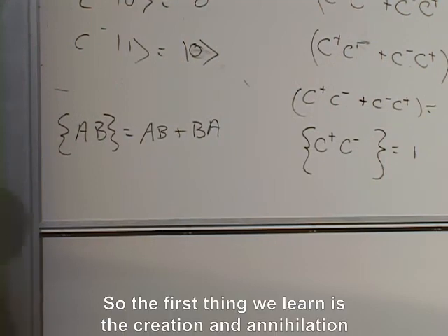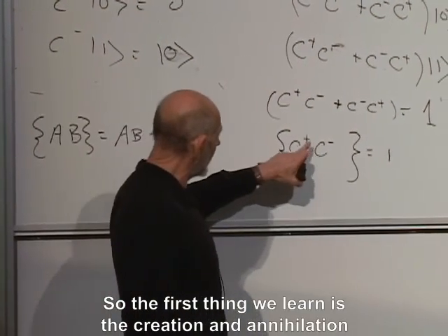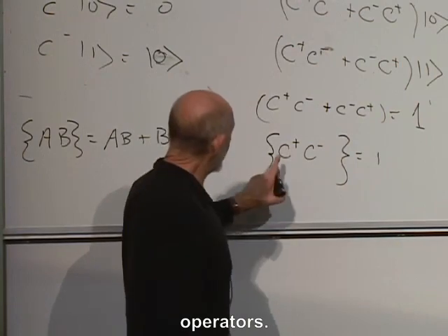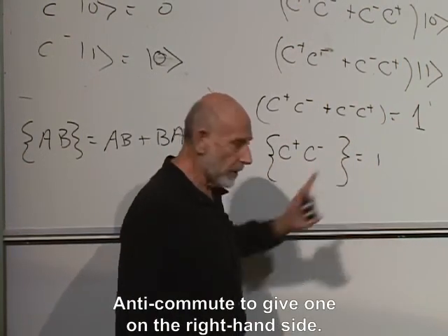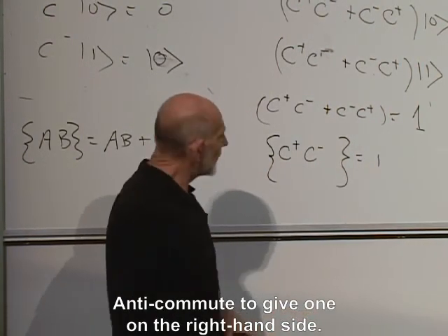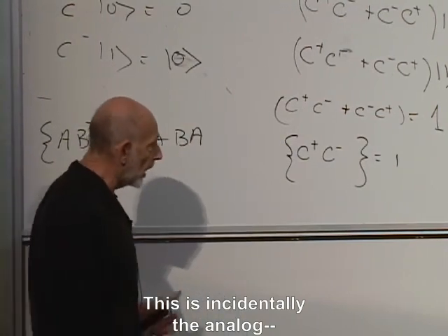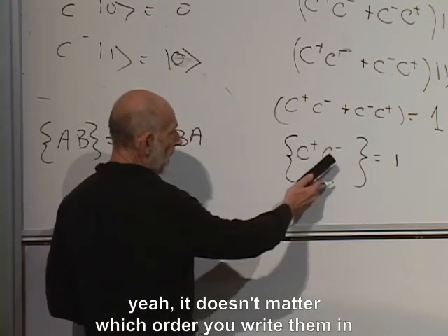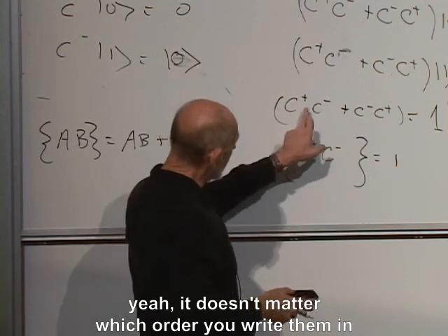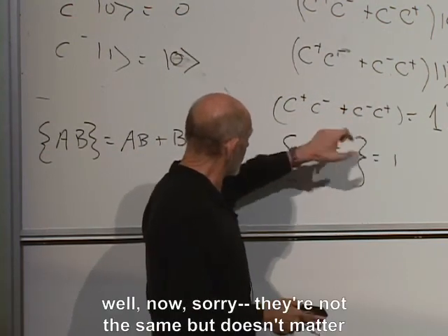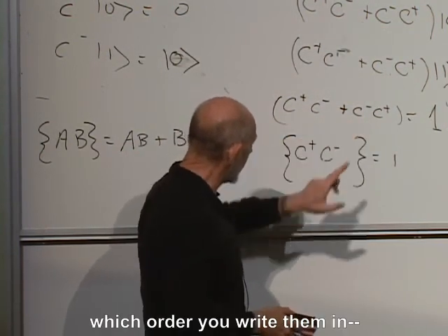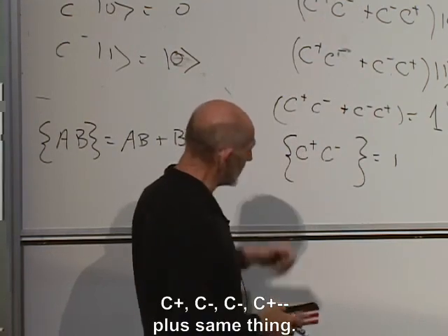Okay, so the first thing we learn is the creation and annihilation operators anti-commute to give 1 on the right-hand side. It doesn't matter which order you write them in: C plus C minus, C minus C plus, same thing.